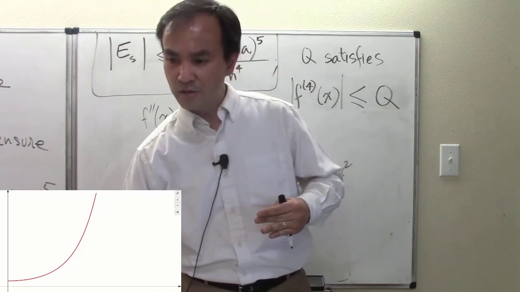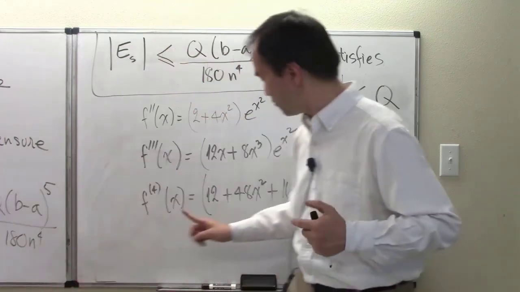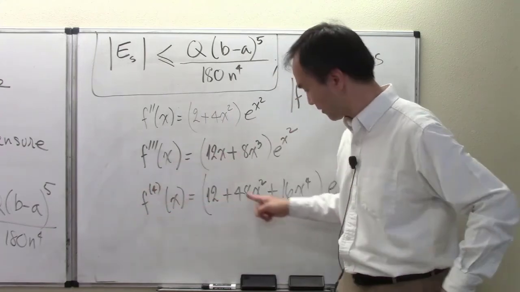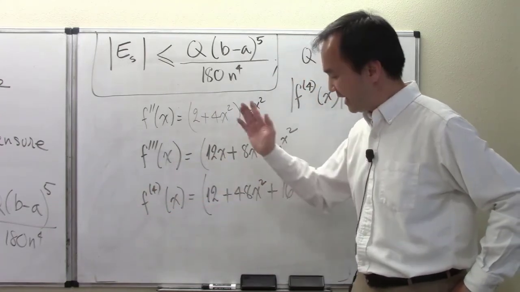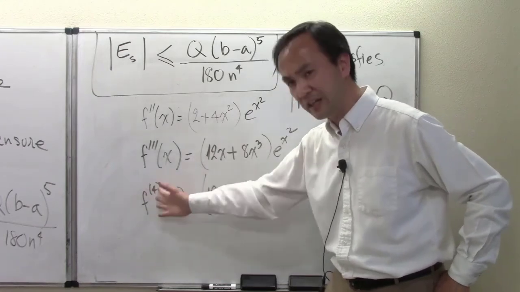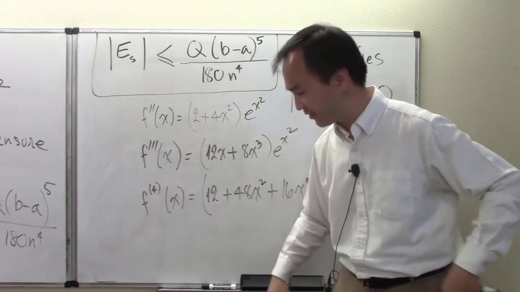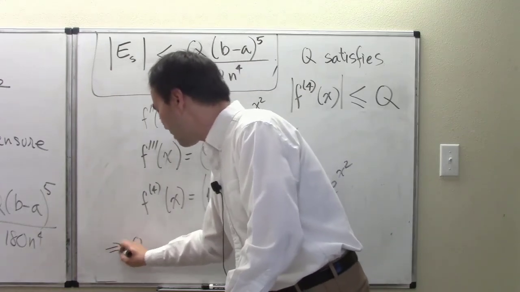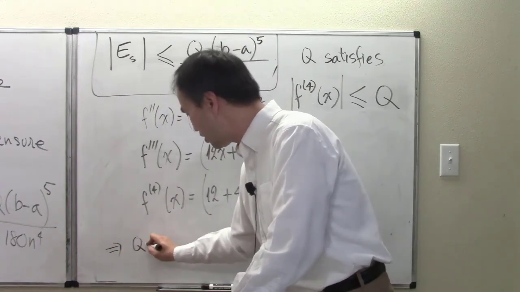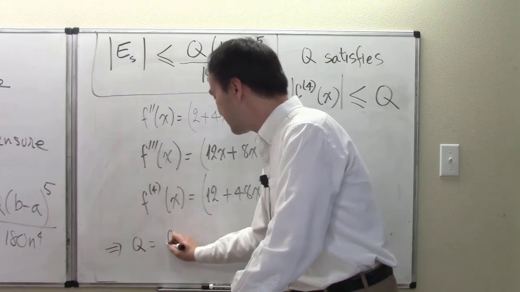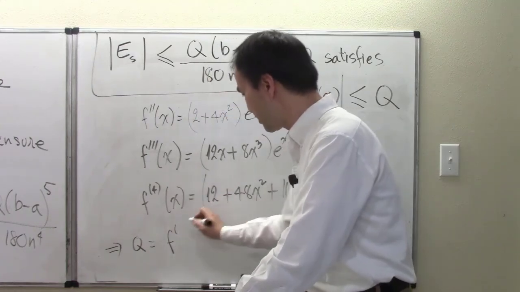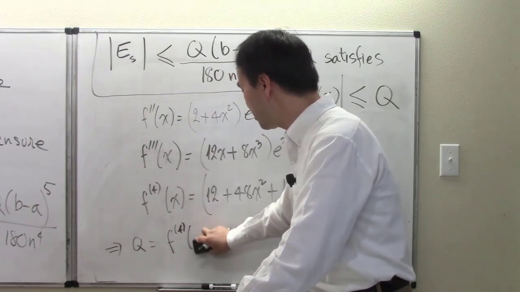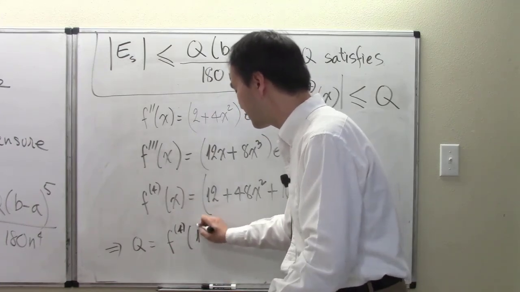And so the absolute value is going to be the same in that interval from 0 to 1. That's the reason why I can work freely without the absolute value sign. So by observing the graph, we can find Q by simply taking the fourth derivative of f, this expression right here, and substituting in x equals 1.